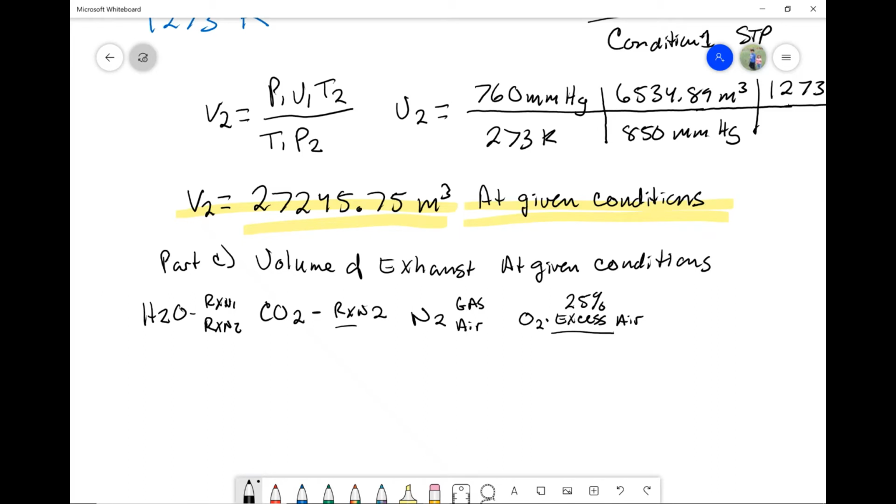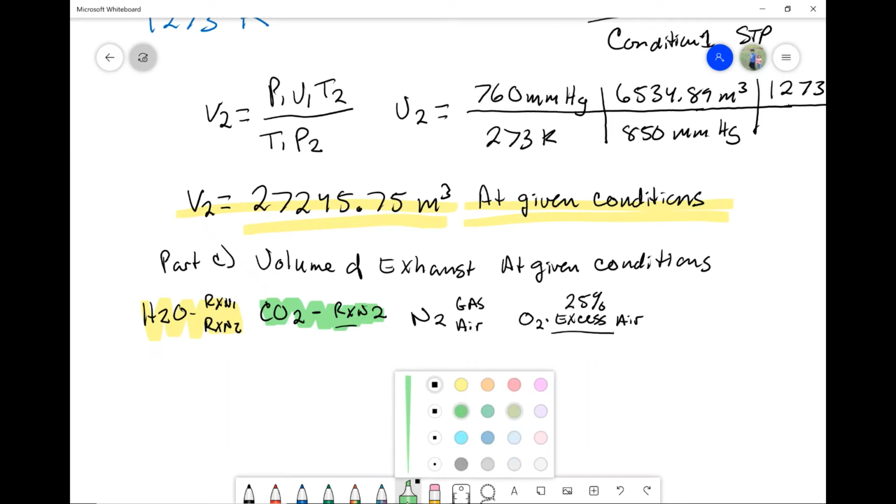So these are the four constituents and their sources. And maybe I should color code it. Yeah, that'll be easier. Sorry about that. So we'll do CO2 as green, N2 as blue, and O2 as pink.